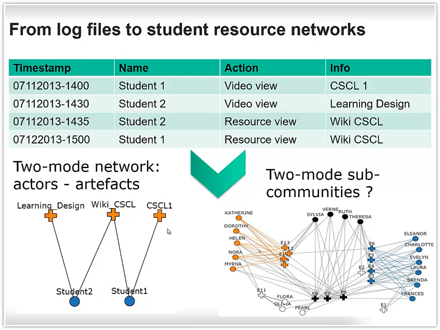Some of you may know the Wasserman-Faust book on social network analysis. This is a classical example from the book, the so-called Southern Women example. We have actors, women, who gather in events, maybe tea parties, and you have the coloring.